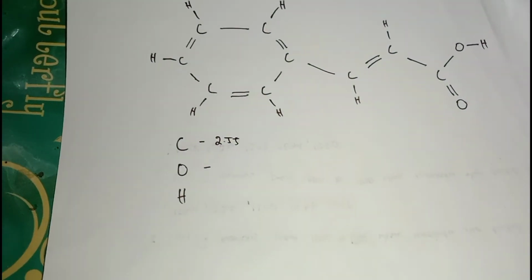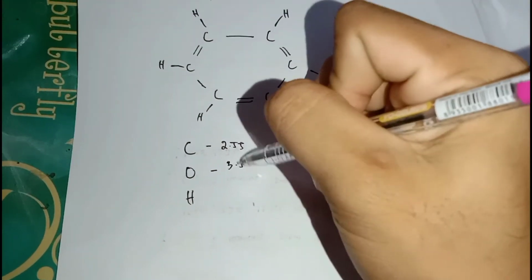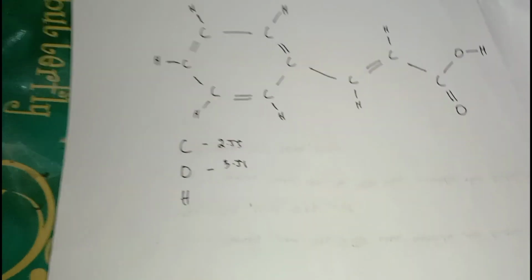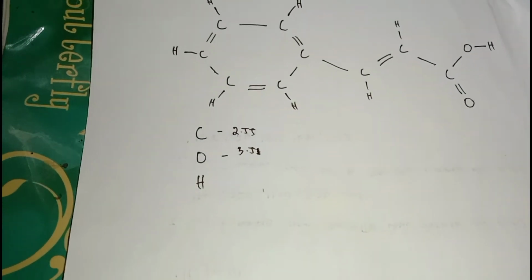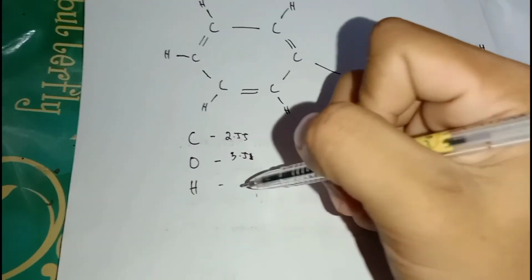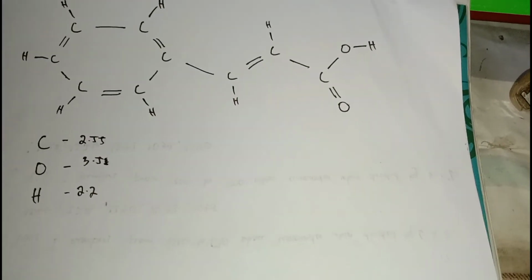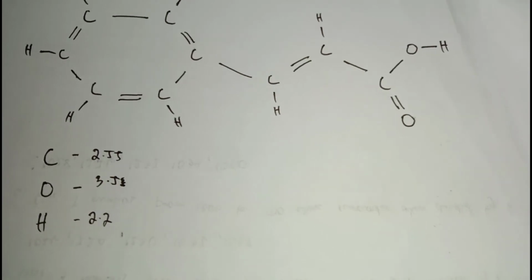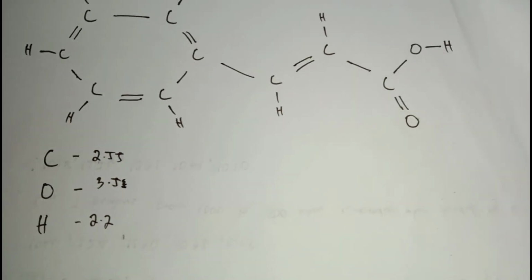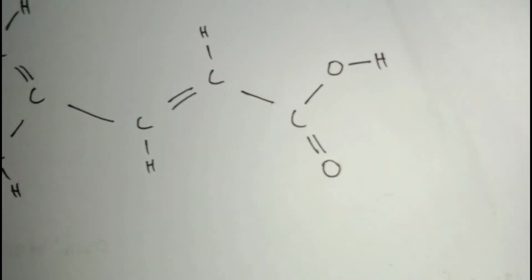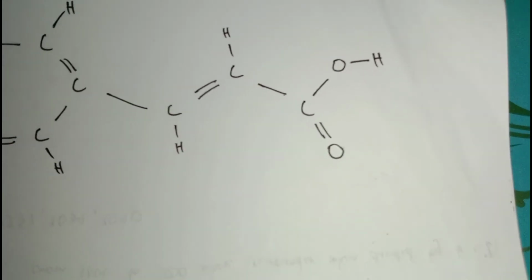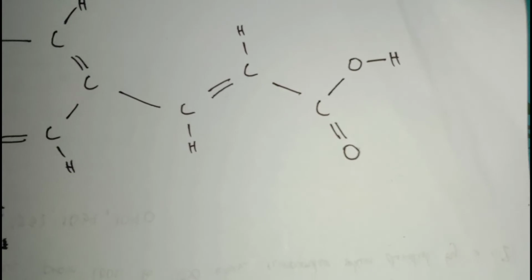Oxygen is 3.5, sorry. And hydrogen is 2.2. So we will make an example here in the functional group, the carboxylic acid.